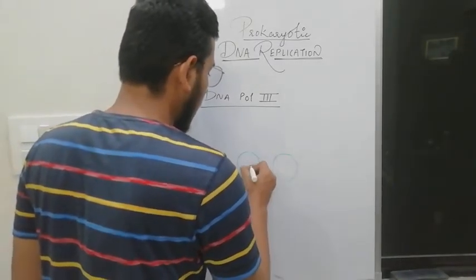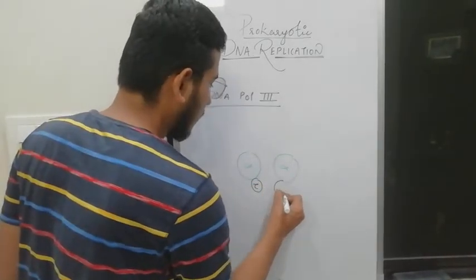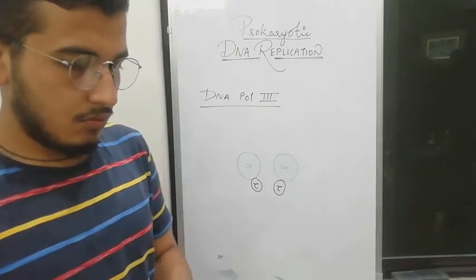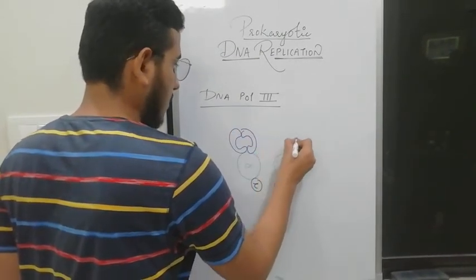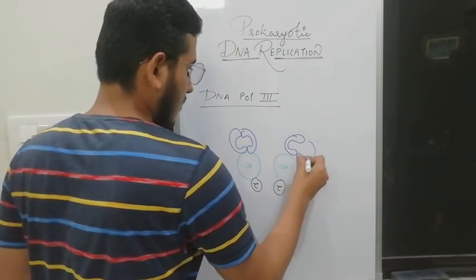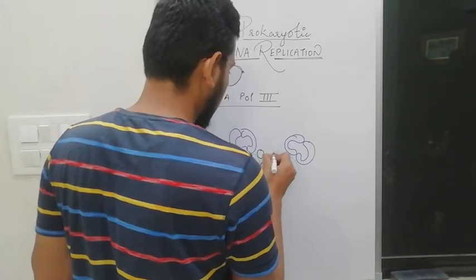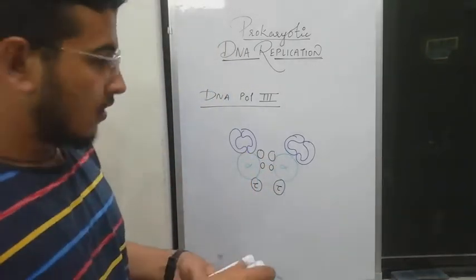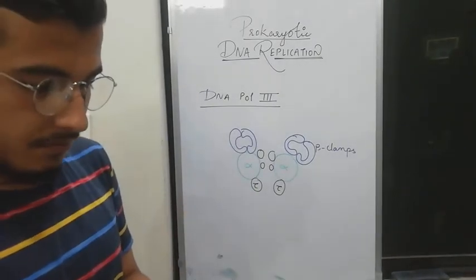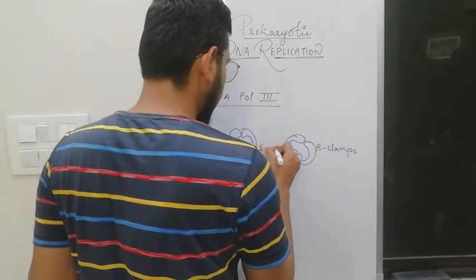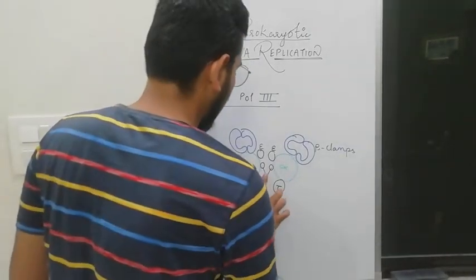We'll take two alpha, tau, beta clamps, and more subunits: beta clamps, epsilon units, theta units. We'll name them like this so you won't be confused.